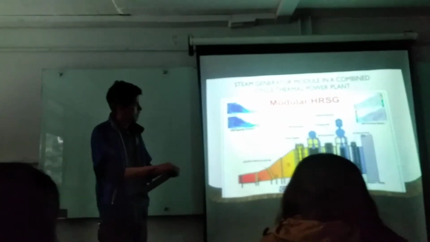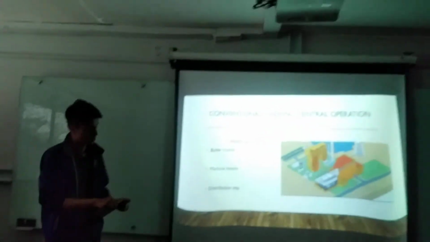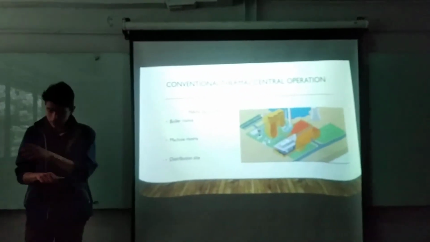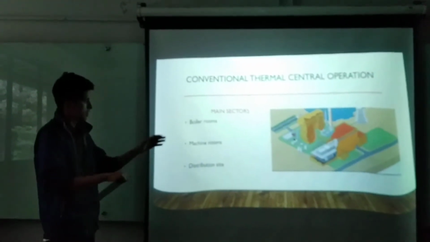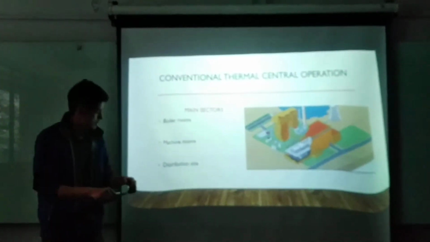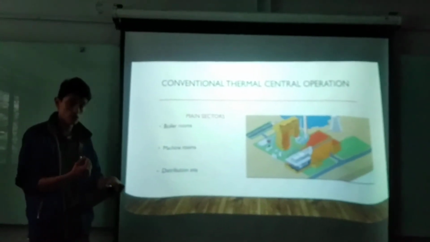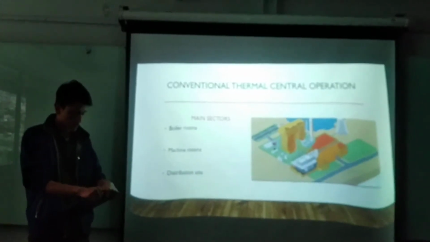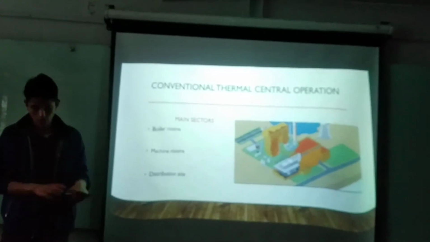And the last topic that I want to explain is the conventional thermal central operation. Like my partner says, it has three main sectors: the boiler rooms, machine rooms, and distribution. But the most important is the boiler rooms, which give us the steam that is necessary to move the turbine at the final state.